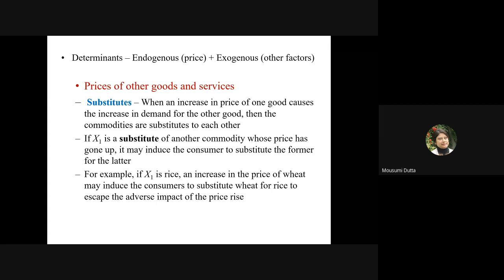I'm considering two commodities, say X and Y. Price of X, income of the individual, taste and preference, and rest of the things I mentioned, everything remains constant, same. Only price of Y is increasing. Other things remaining constant, price of Y is increasing.